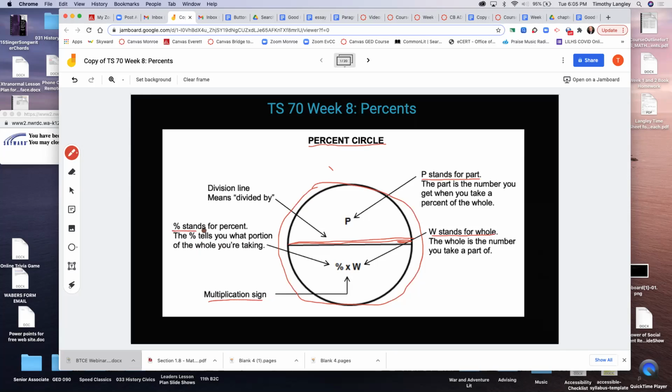The percent symbol stands for percent, and then the division line means divided by. Okay. So everything that I kind of highlighted there in red, I'll circle these things here too. Anything that I put in red, that's probably what you want to copy down so that you have the basic concept here.